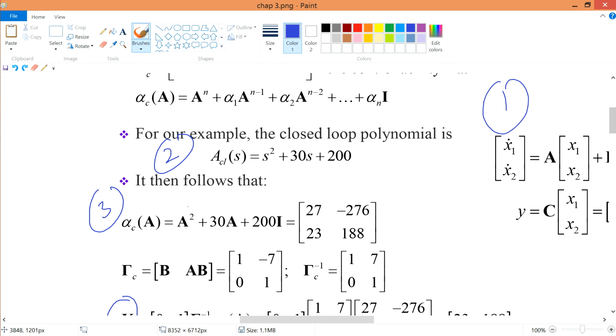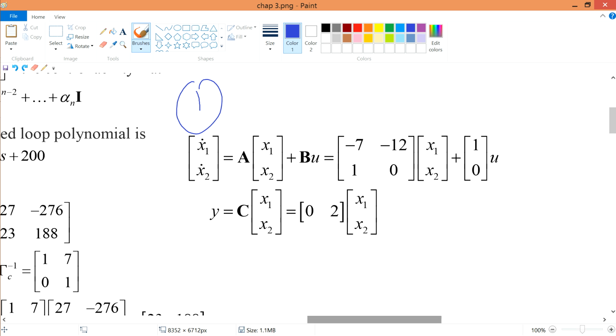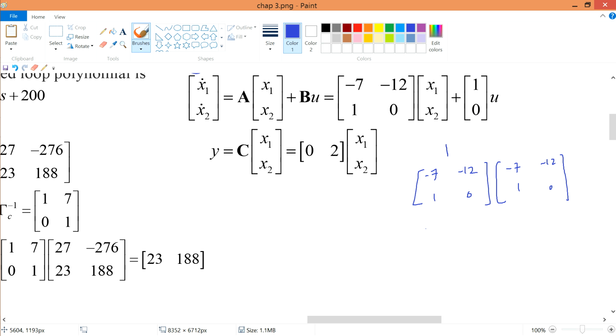Now, A squared is what? Your A is this matrix, from your Ax plus Bu. If you were to square it, we will have A times A. Going through the matrix multiplication: minus 7 times minus 7, you have 49. Then minus 12 times 1, you have minus 12 over here.